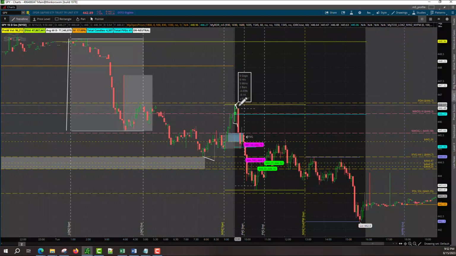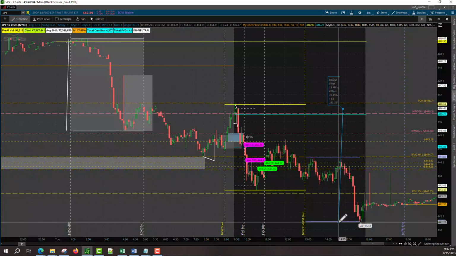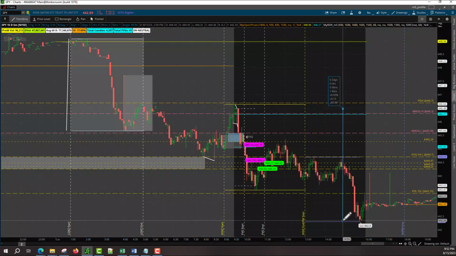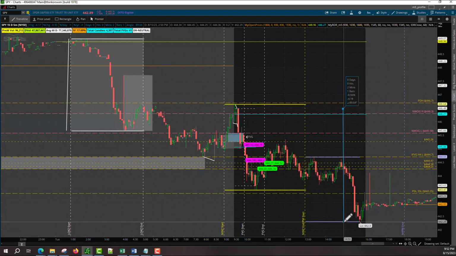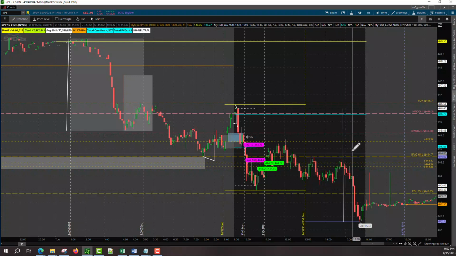Look at where we put it right here, and you see how much it moved, how much we reached. Man, a $4 move right there, you see that? And how much we reached right there with all these order blocks. Man, a beautiful trade right there. And how much did we risk? 18 cents.